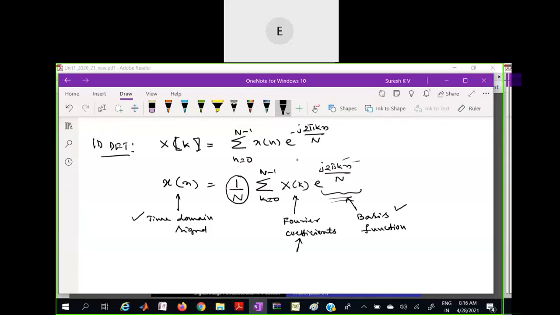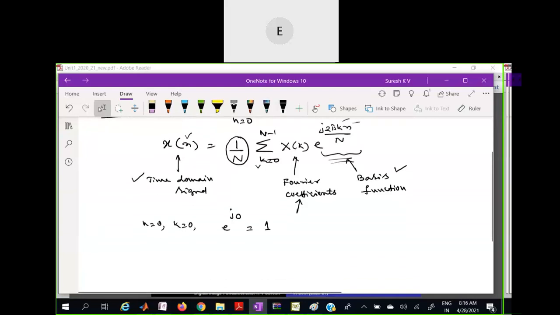For every value of n and every value of k, this basis function changes. If both n and k are 0, the basis function is e to the power of j0, which is 1.